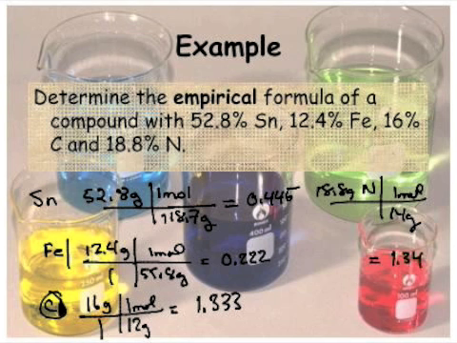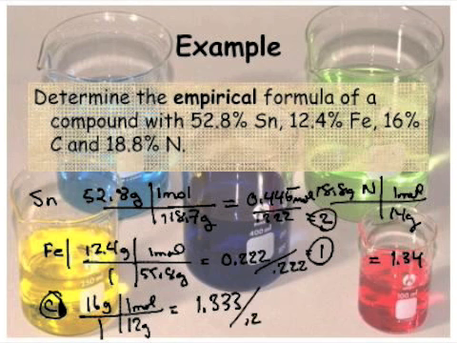Now divide by small. These are all moles, by the way. I didn't label them like I should have. The smallest number is the 0.2222. If I divide this by 0.2222, I get 2. And 1.333 divided by 0.2222 is 6. And then 1.34 divided by 0.2222 is 6.